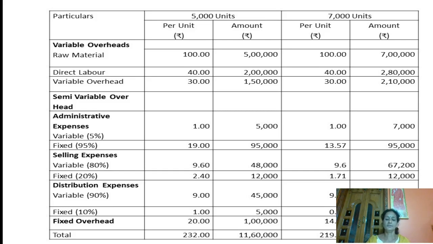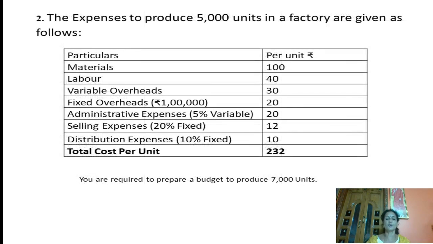Here they have not given unit cost. See, look into the problem. In administration expenses, they have stated that 5% is variable and the unit cost they have given is 20. Per unit cost is 20 and in that 5% is variable.